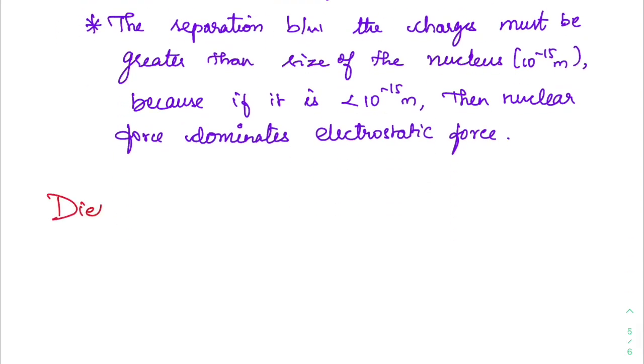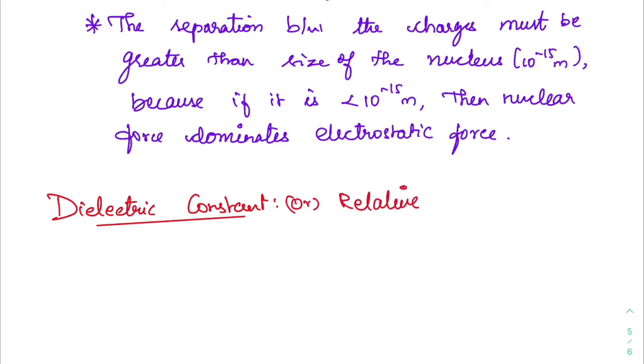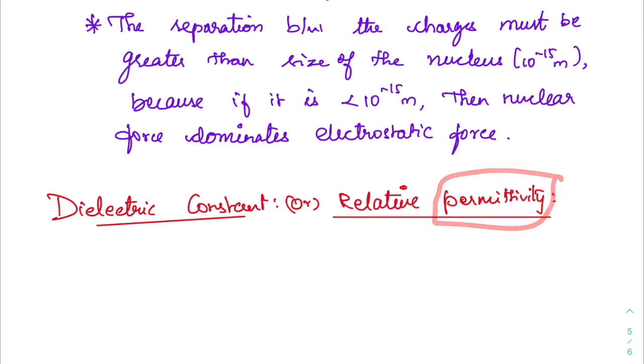Now we are entering into dielectric constant. This dielectric constant can otherwise be called relative permittivity. The name itself suggests that we are going to deal with something called permittivity.